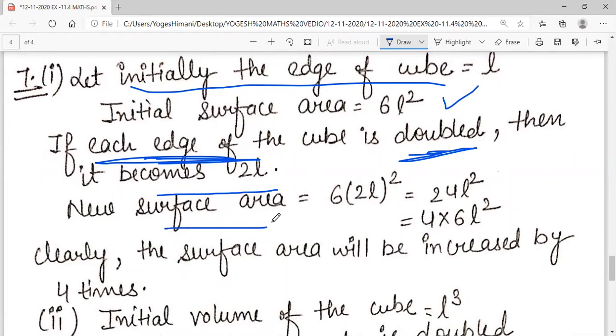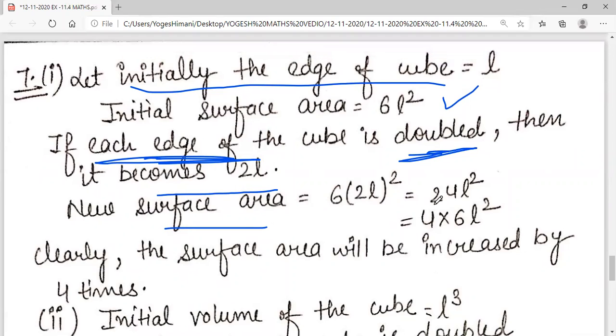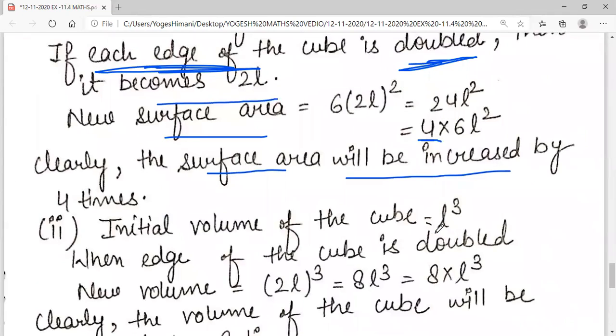So new surface area will be equal to 6 bracket 2L whole square is equal to 24L square. 4 multiply 6L square. Clearly the surface area will be increased by 4 times. Yes or no? So we can see that the 4 in multiplication, so surface area will increase by 4 times.